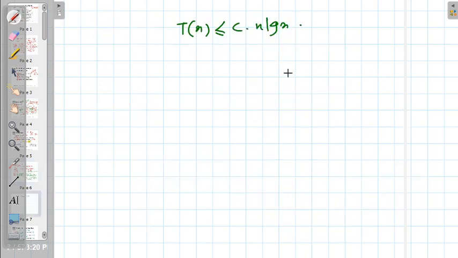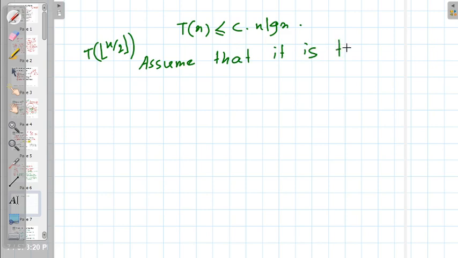So considering this recurrence, with T of floor n by 2, let us assume that it is true for floor n by 2.